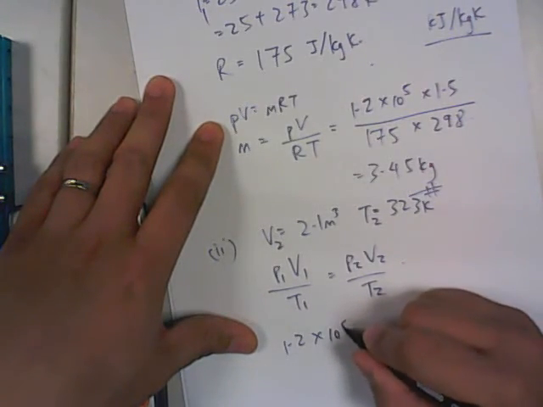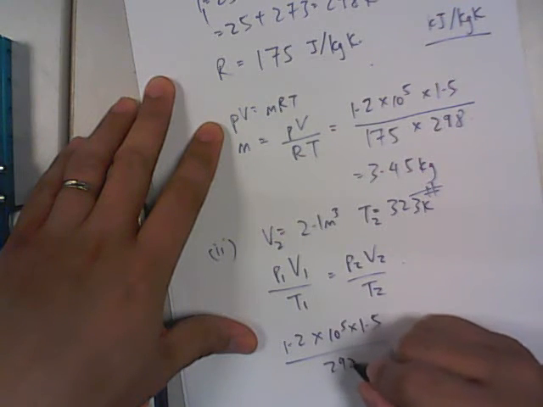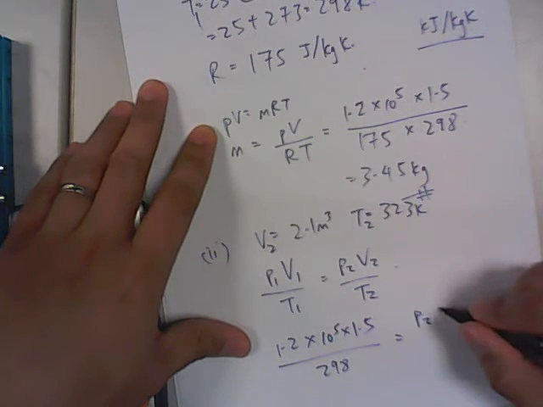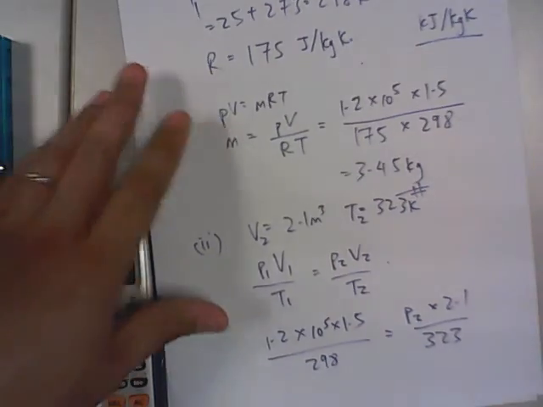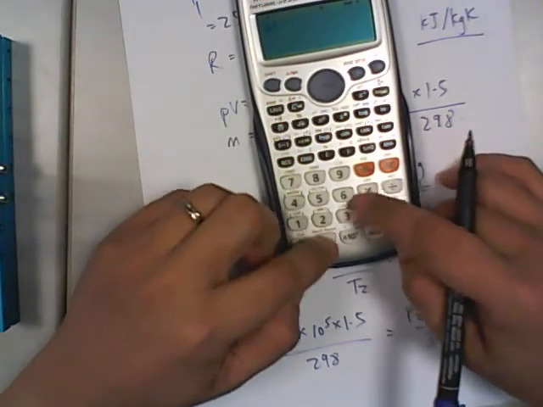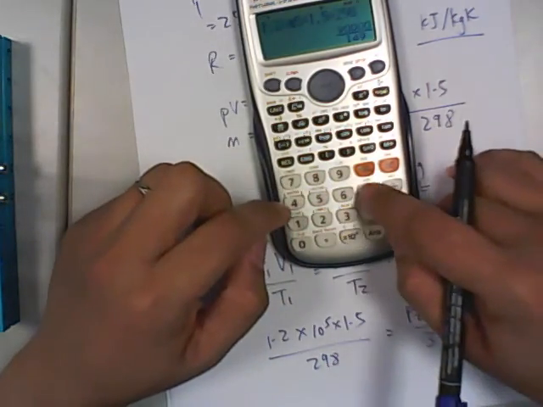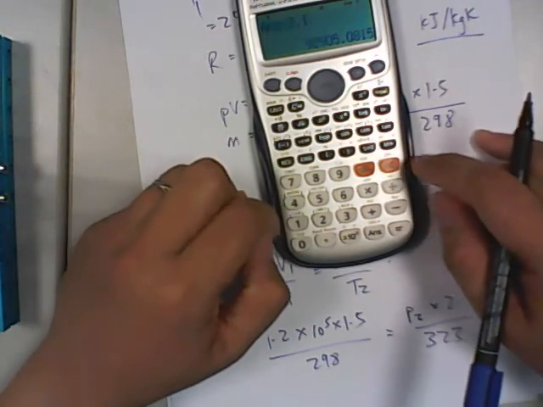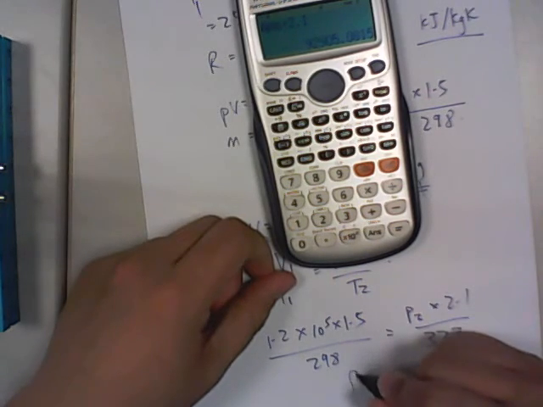1.2 times 10 to the power 5, 1.5, 298, and the pressure, I don't know, 2.1 and 323. Alright?